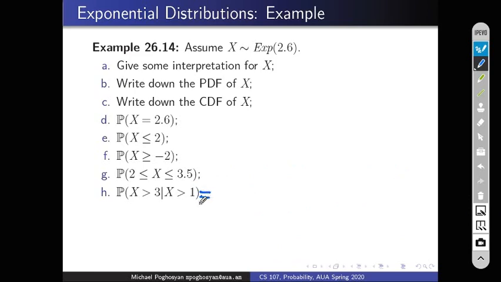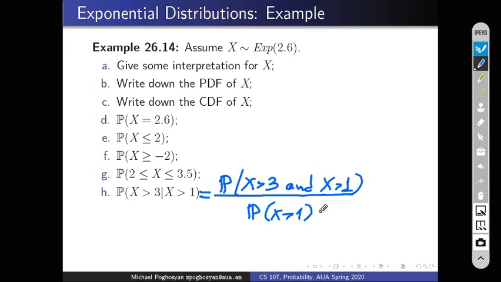Now, the last part, the conditional probability that X is larger than 3, given that X is larger than 1. So let me calculate this. By definition of conditional probability, this is a ratio of the following probabilities: the probability that X is larger than 3 and X is larger than 1, over the probability that X is larger than 1.